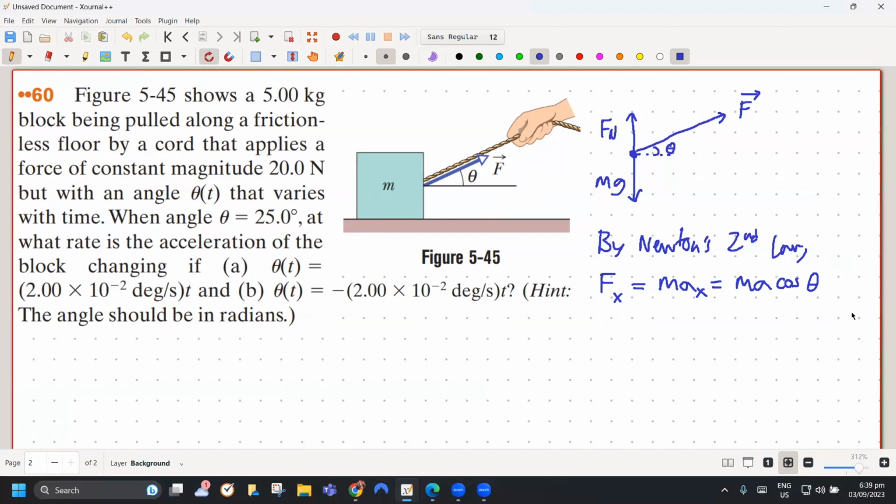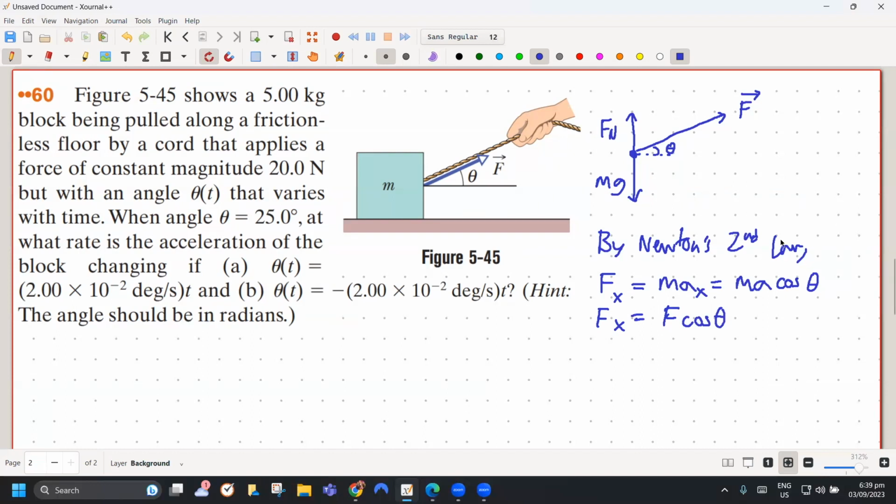Okay, so find the ADT. And fx is... Teka lang.